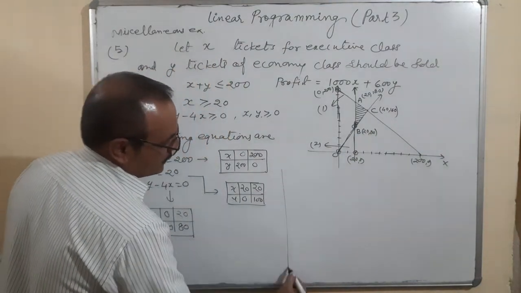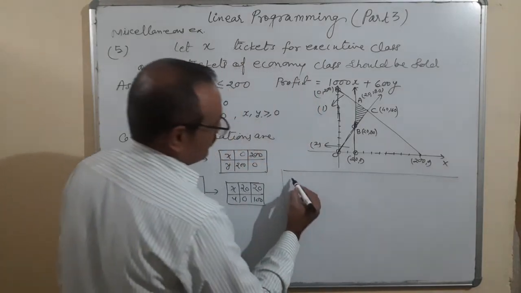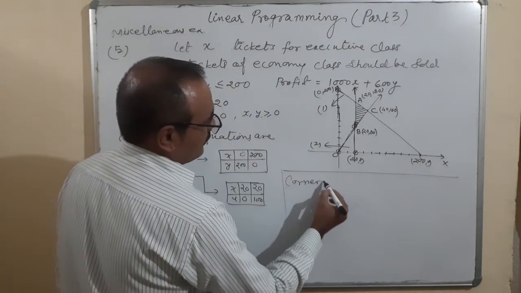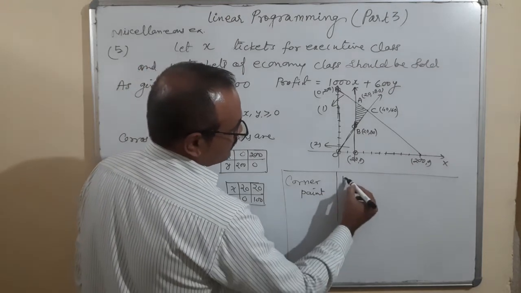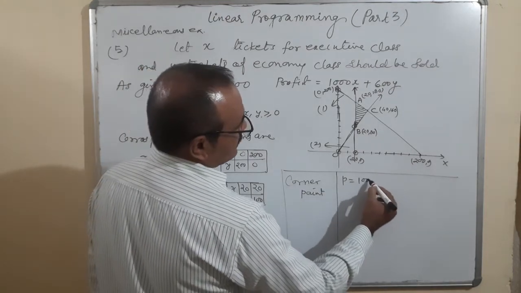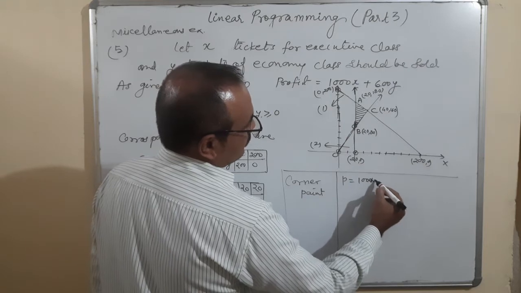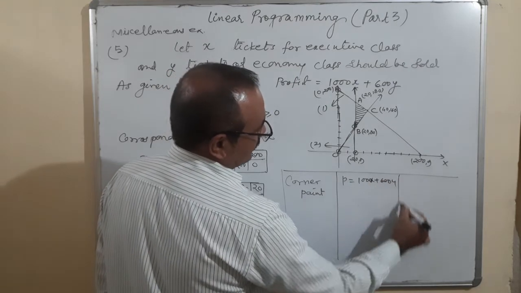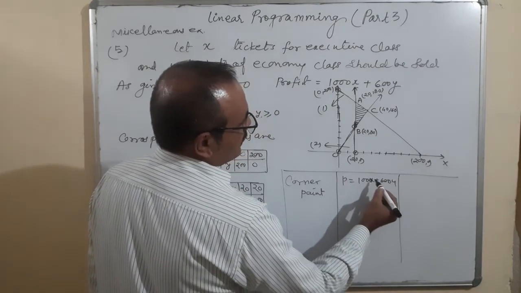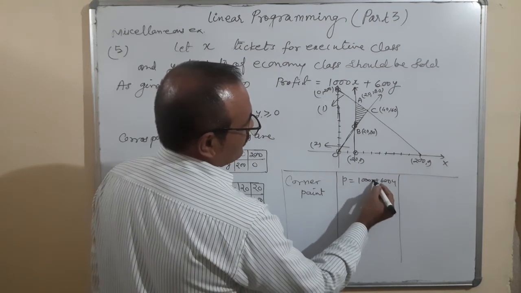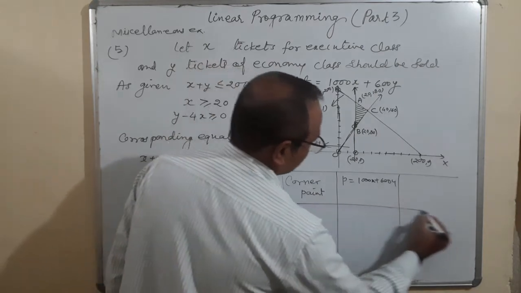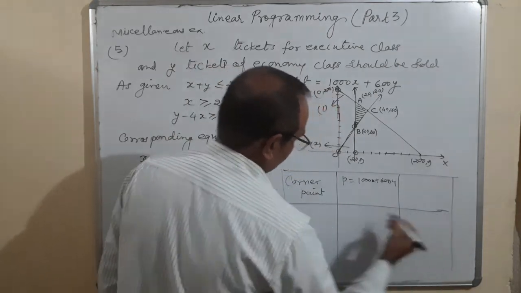Now I'll make a table. Corner point. Profit equation, P is equal to 1000x plus 600y. Profit.